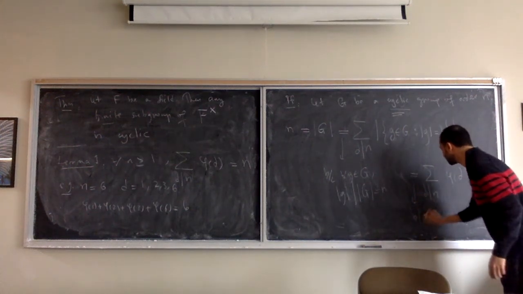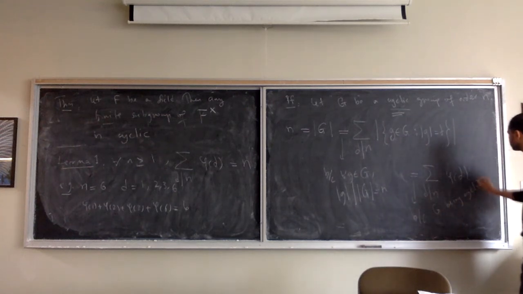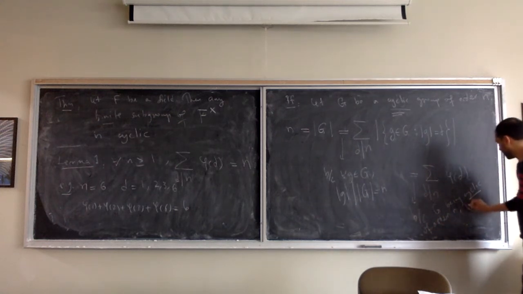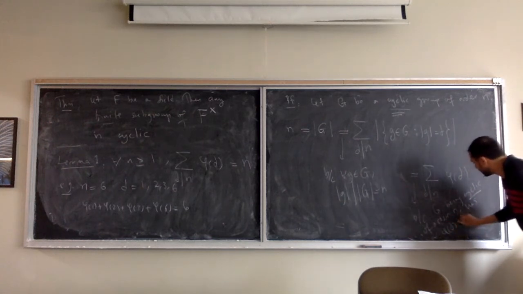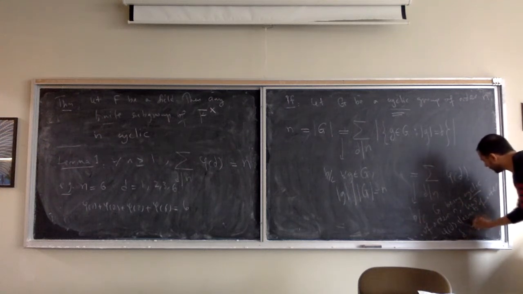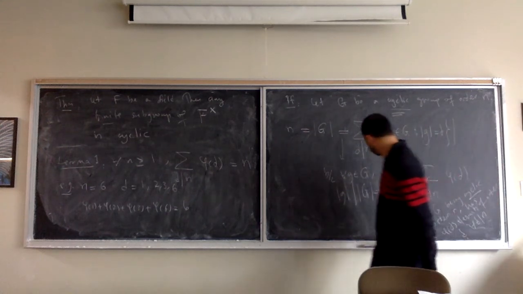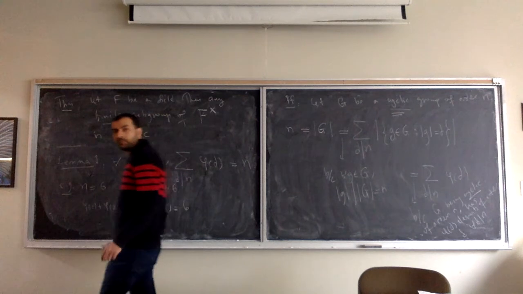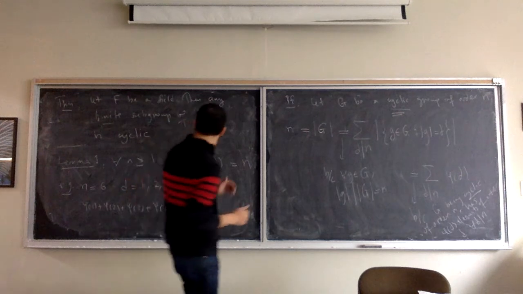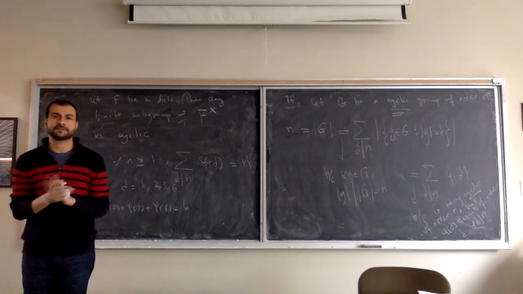This is because G being cyclic of order n has phi of d elements of order d for every divisor d of n. So cyclicity was crucial in that step, and that completes this proof. That finishes the first lemma, and in the next lecture we're going to start by giving the second lemma and wrapping up the proof of the theorem, and then taking it from there. Okay, thank you.